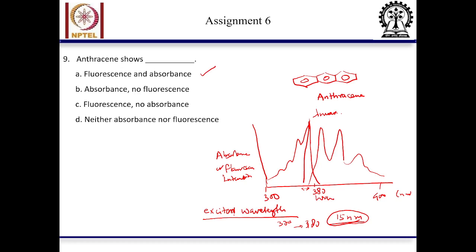Otherwise we have to do DFT calculation, density functional theory. From there we see how their excited states are, whether they are stable or not. Once your excited states are stable, it will favor transitions like fluorescence or phosphorescence. That's the way we find out whether it will show fluorescence.